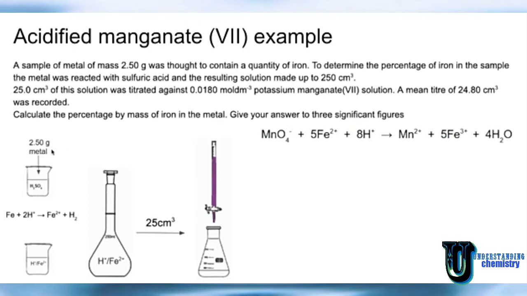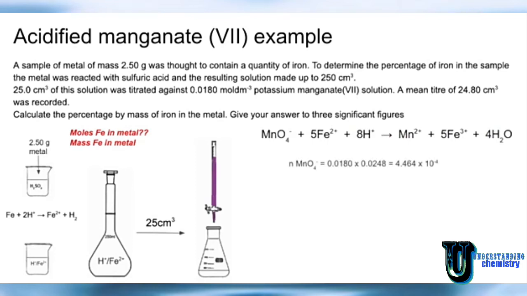If you want to work out the percentage of iron in the metal, you're going to need to know the moles of iron in the metal and then the mass of iron in the metal, and then compare it to that 2.5 grams and express it as a percentage. So that's what we're heading for. It's always a good idea if you know what you're heading for.